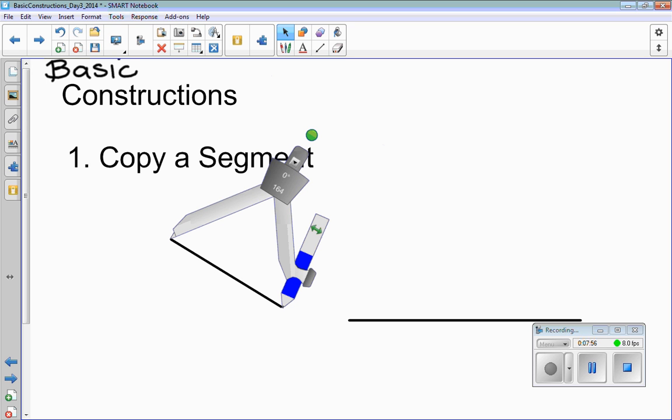If you have a white compass, I want you to treat the circle part as the sharp point. So you're going to put the sharp point right in the hole of that, and then you're going to open this so that this point is in that circle. Just like that, okay?